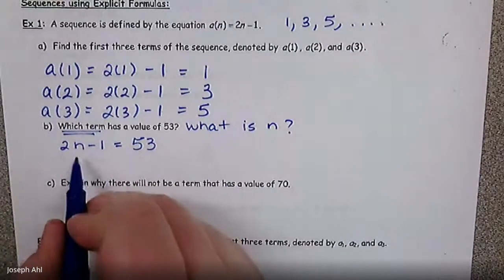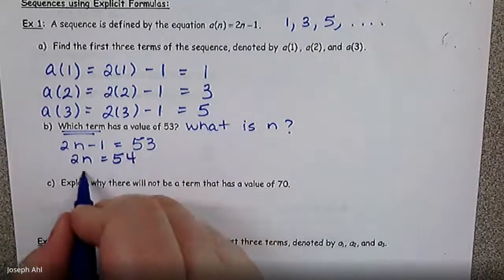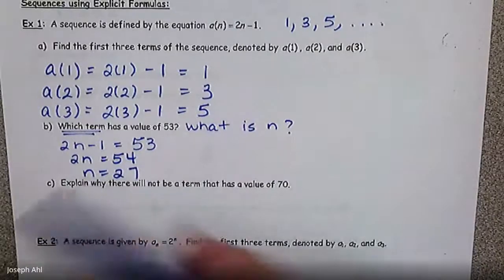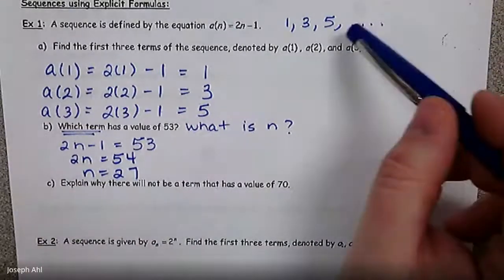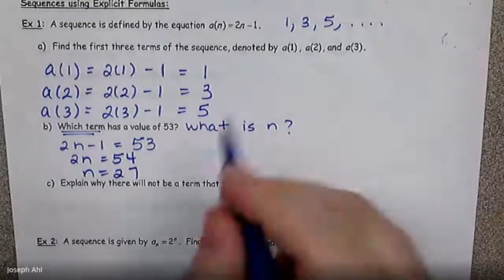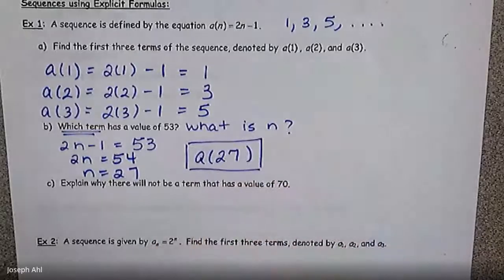So we can quickly solve by adding the 1 to the other side. If 2n equals 54, then n must be 27. So I don't want to have to build out all the way to the 27th number in this list to figure out, oh yeah, the 27th number is 53. But a of 27, notationally, that would be the term that has 53 at that point in the list.